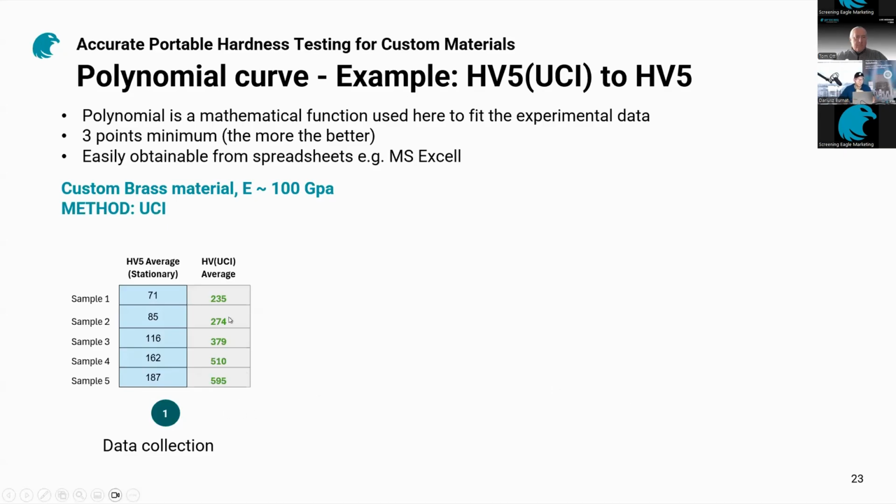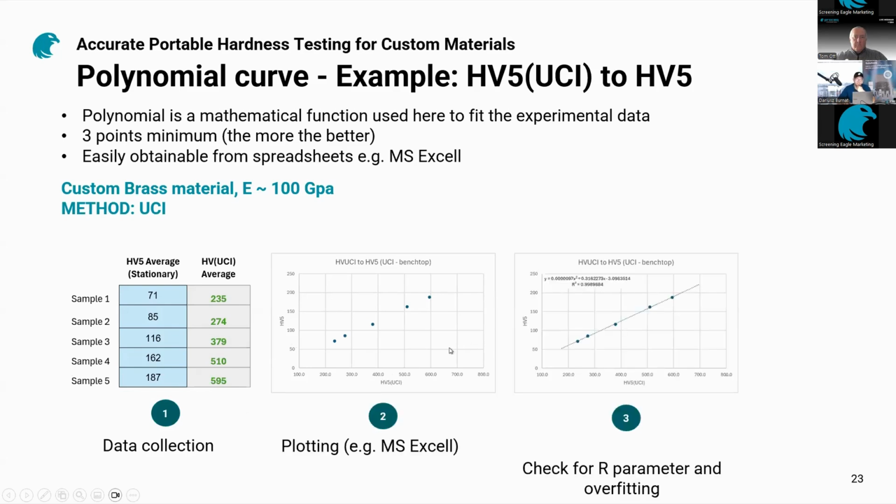But having those materials measured, what you typically do is display them in an Excel spreadsheet or any other calculation spreadsheet which can compare the UCI values with benchtop Vickers values. In the next step, you would use a mathematical formula, and we use the polynomial curve to describe the mathematical relationship between them.